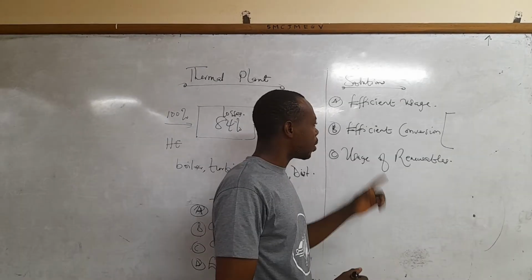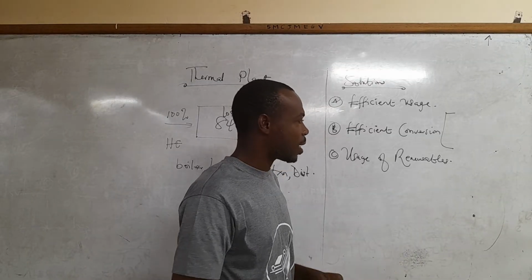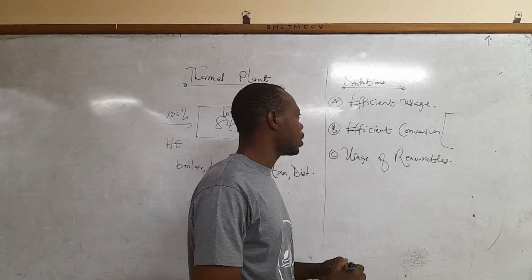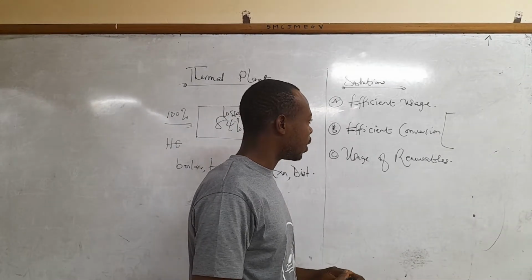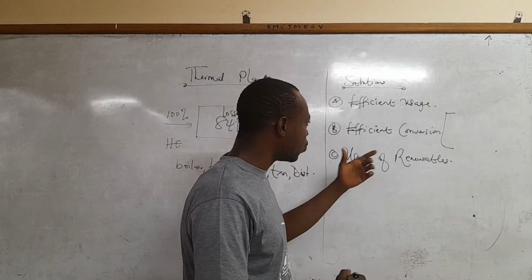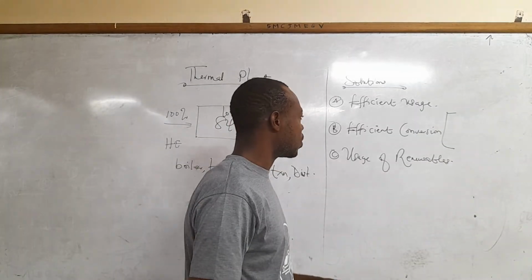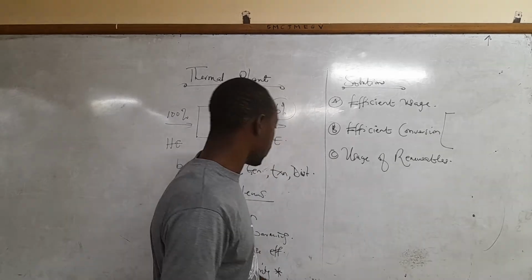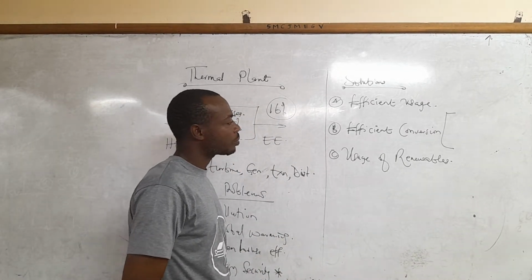So in the course of doing these conversions from one state to the other, we try to use components or equipment that will give us a very good efficient amount of the output, so that we can curb these problems to a lower value.